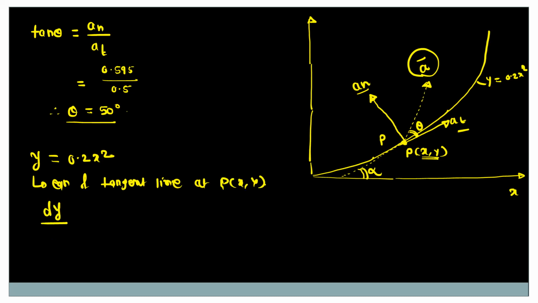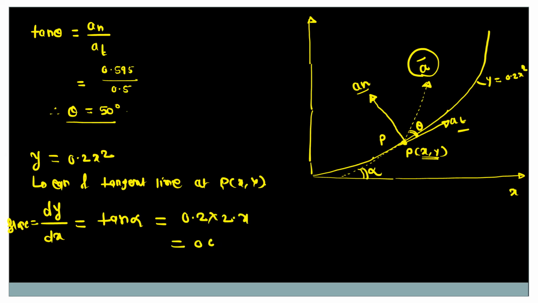This is the dy by dx. Okay, so this dy by dx is nothing but tan of alpha. So basically we are trying to find out the slope of this line, which is the tangent at point P. So this slope is nothing but dy by dx. Okay, so tan alpha is equal to, differentiate this equation, 0.2 into 2x.